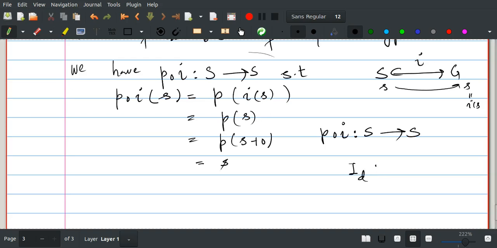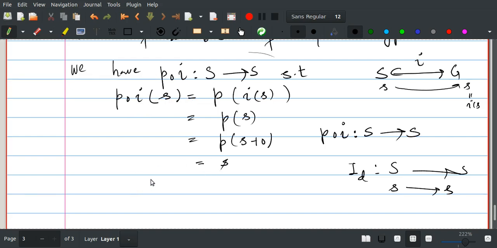ID from S to S is a map which takes every element S and maps it to itself. That is ID on S. Now this is same as P of I from S to S, because what P of I does on S, it takes an element little s in S and maps it to little s.